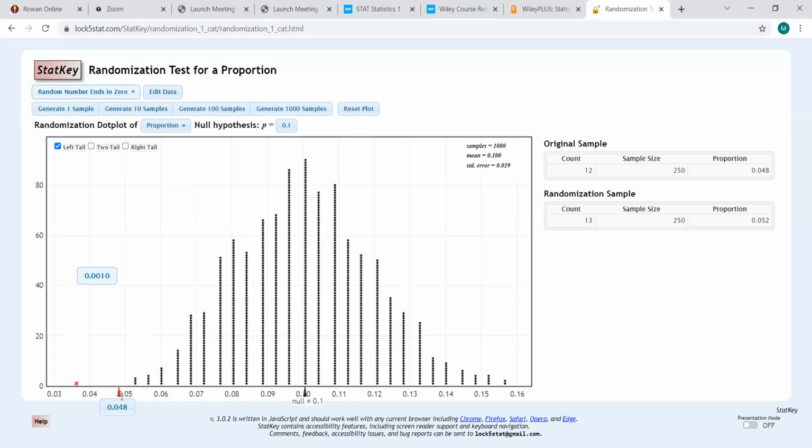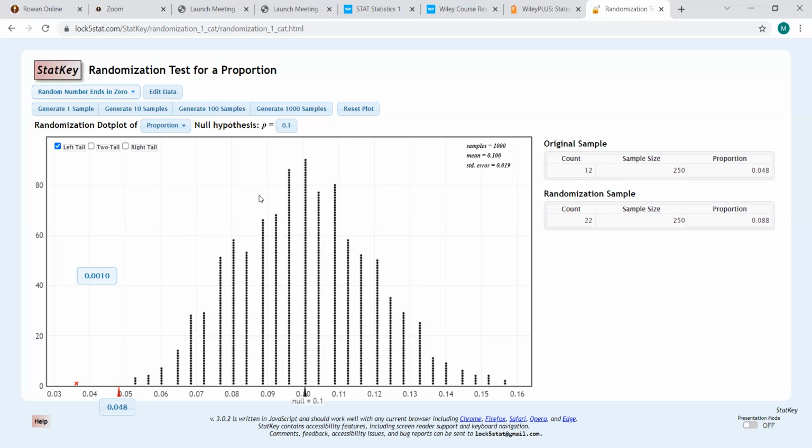So most likely, even without knowing the actual procedure for determining whether we should reject or not, we'd probably be pretty safe in saying the null hypothesis is false, because there's only a 1 in 1,000 chance of getting this particular sample. So this sample is providing evidence that the null hypothesis is false, and the alternative hypothesis that the true proportion is less than 0.1 is probably true. All right, any questions about that?